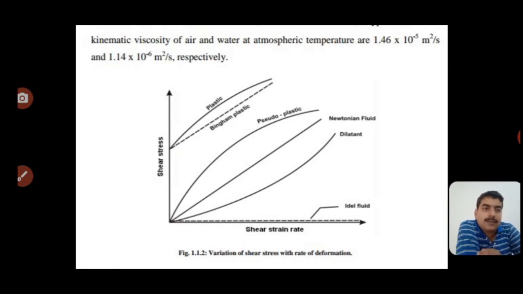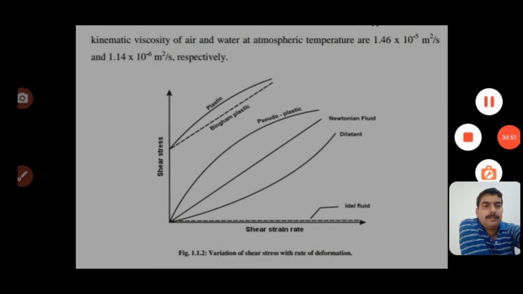Ideal fluids go along the shear strain rate line, that is, they coincide with the x-axis. Therefore we conclude that no ideal fluids exist in the environment or atmosphere.